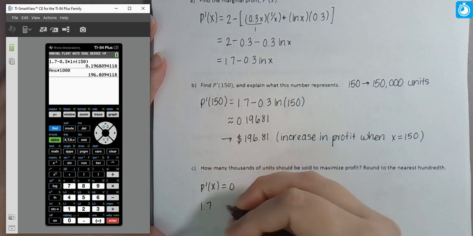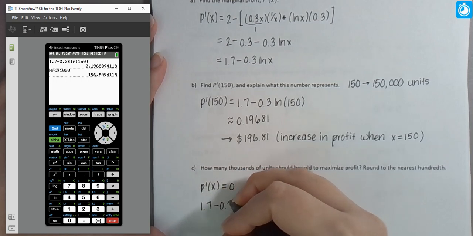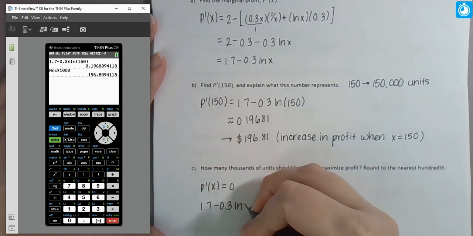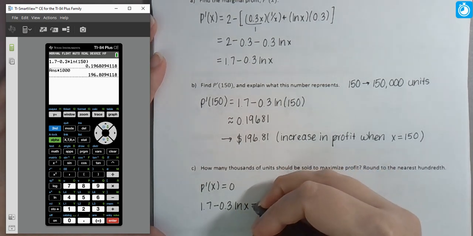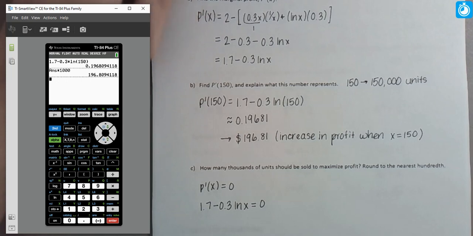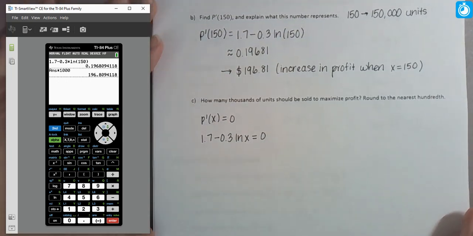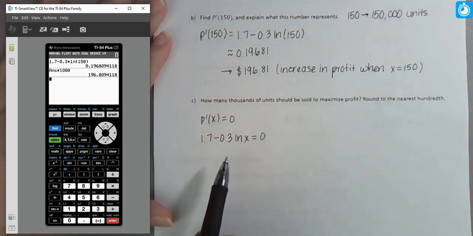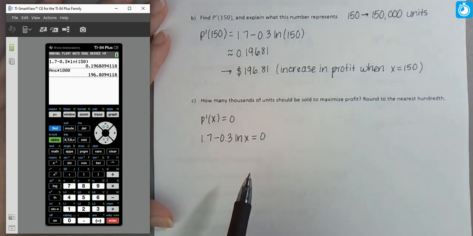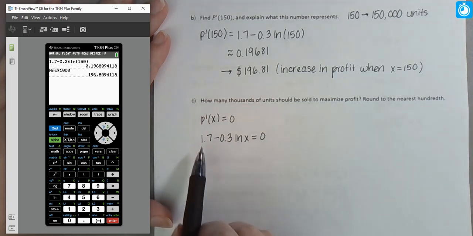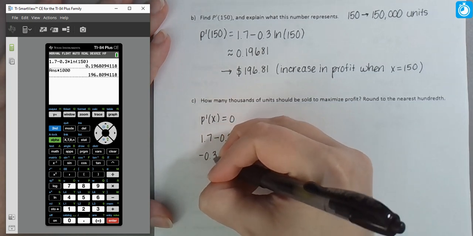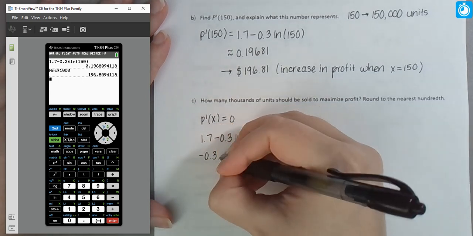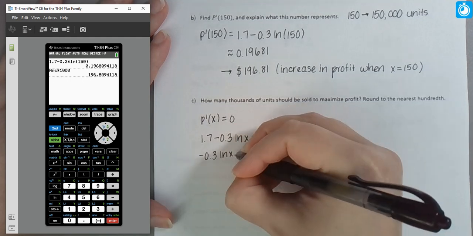That means 1.7 minus 0.3 times the natural log of x is equal to 0. So now we need to isolate x, which for now just means isolating the natural log of x. So we'll start by subtracting the 1.7. Now watch your signs, because that's now going to leave you with a negative 0.3 coefficient on your natural log.